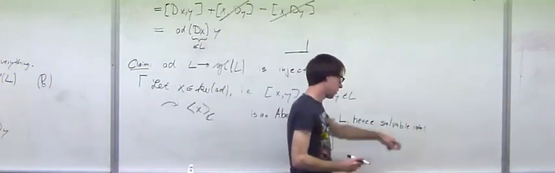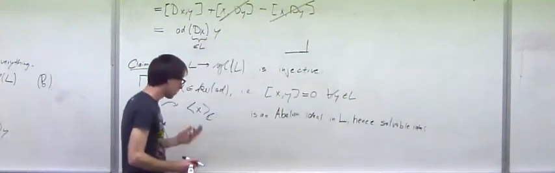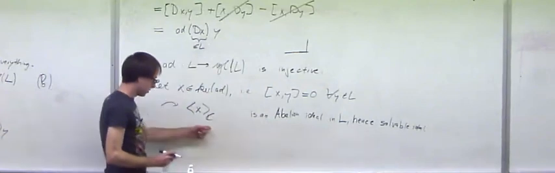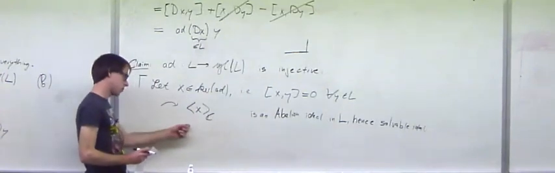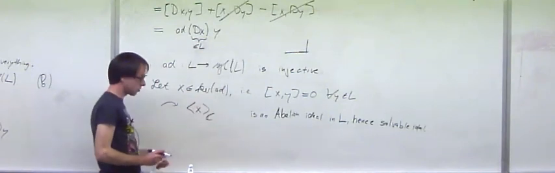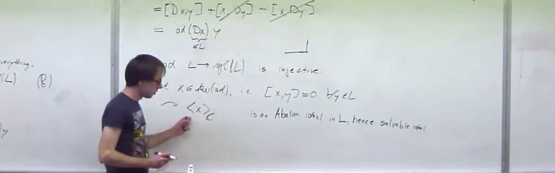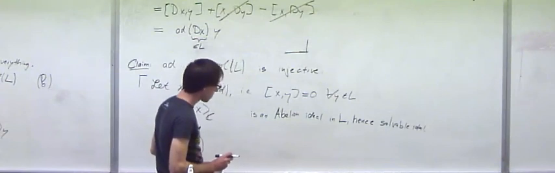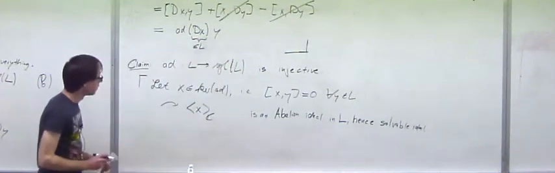I recall solvable means that if I compute the derived series, prime, prime, prime, then eventually I get 0. If it's abelian, I just have to take the first derived subalgebra, prime it once, and I already get 0. So I found a solvable ideal here in this Lie algebra.